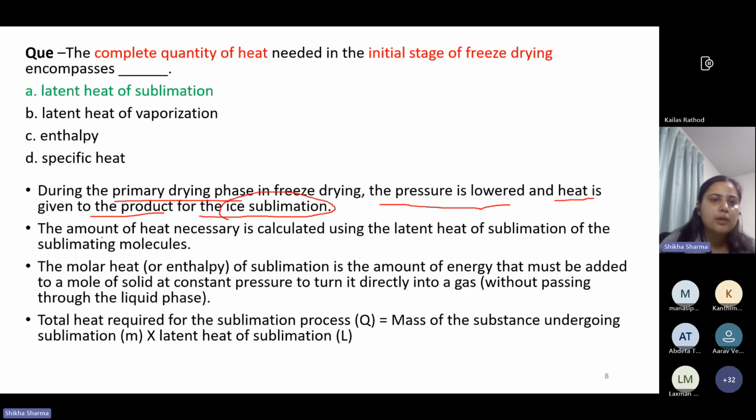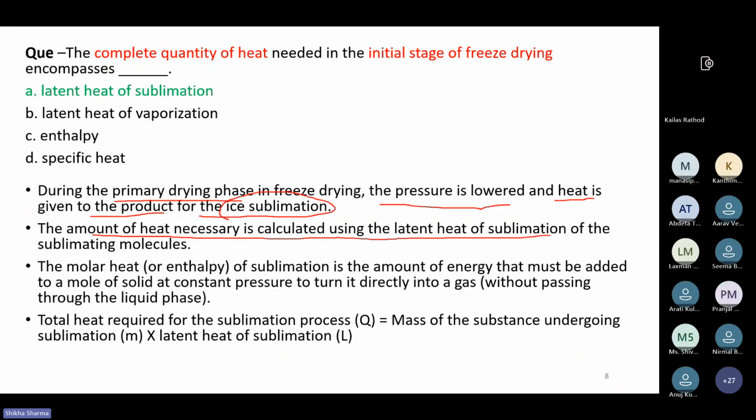Since ice sublimation is happening, the amount of heat necessary is calculated using the latent heat of sublimation of the sublimating molecules, which is water.